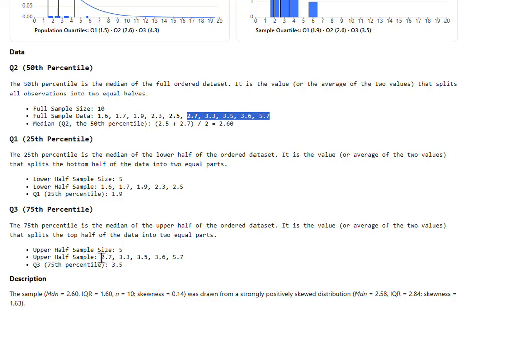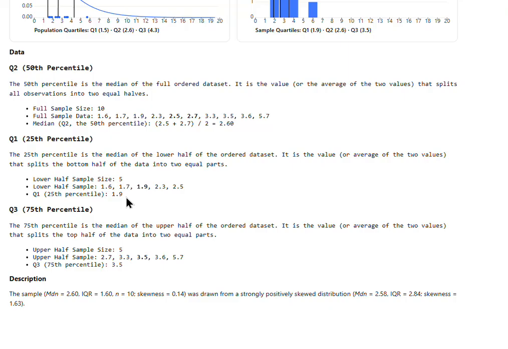Working with the sorted data set, those upper 5, we see that 3.5 is the middle value. So Q3, our 75th percentile, is 3.5. The interquartile range is the 75th percentile minus the 25th percentile. So in this case, it's 3.5 minus 1.9. That works out to be 1.6.